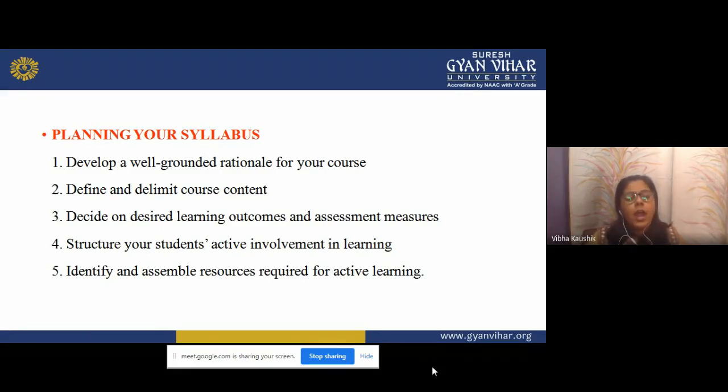Identify, find out, and assemble resources required for active learning. As a teacher, I have to identify the resources which I can use to make my teaching learning process effective, such that the learners actively participate in that process.